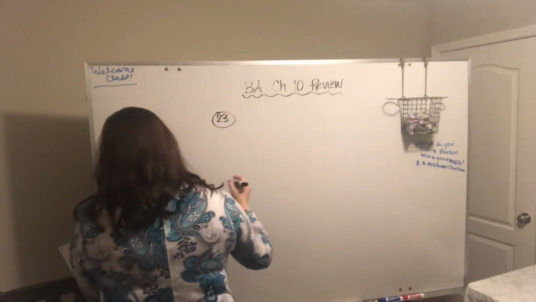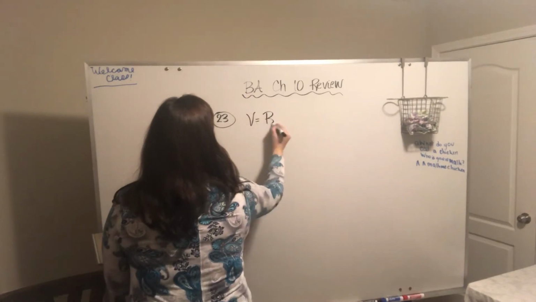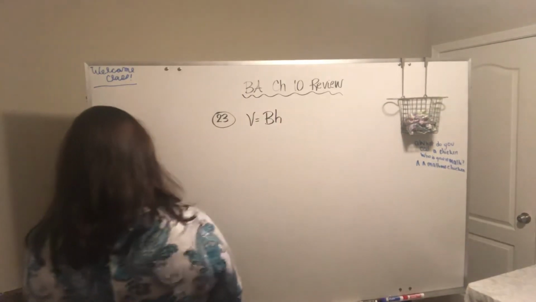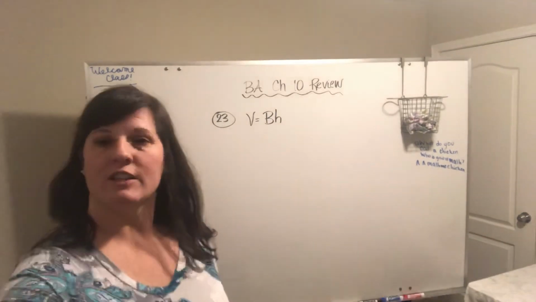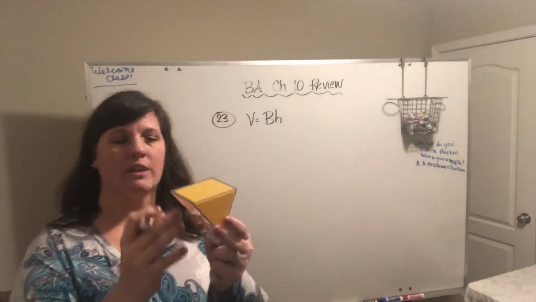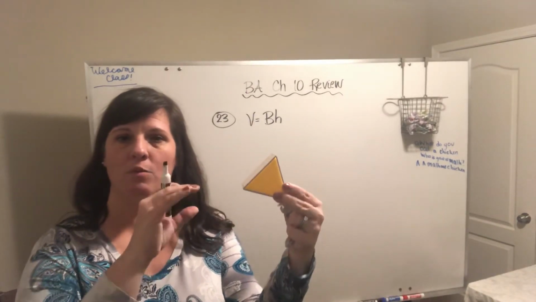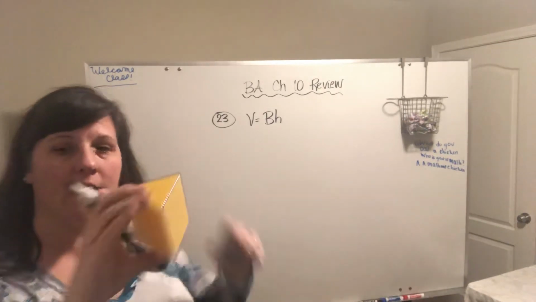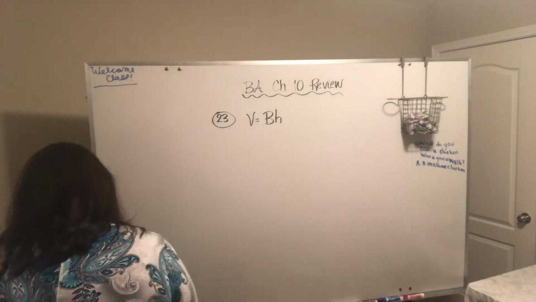23. The formula here for volume is the area of the base times the height. So here's that shape I was talking about. You've got it like this. It kind of looks like it's at a different angle in your book, more at a wonky angle, but you have to recognize what your base is, and that's the triangle for 23.